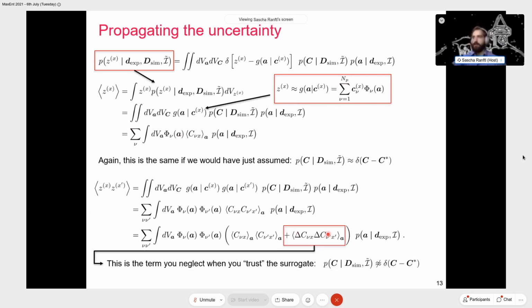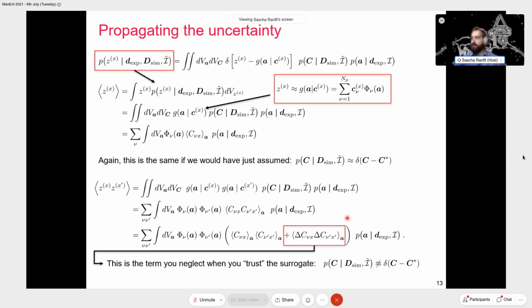So you could measure the surrogate trustworthiness by the ratio of this term marginalized with respect to the A's divided by this term marginalized with respect to the A's, or the total sum, if you will. So this would give you a proportion of the surrogate uncertainty as a fraction of the total uncertainty. This is what you could do here.